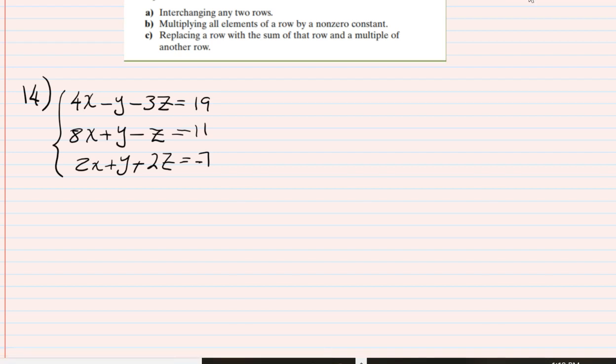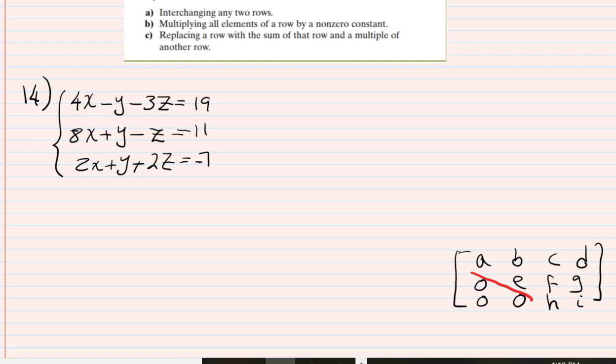Now, we want to solve this system by matrix method. In the case of a 3 by 3, by the way, this is what we would like to have in the end: A, B, C, D, 0 here, E, F, G, 0, 0, H, I, and there you go. That's what we would like to have. The key is to have this lower triangular formation of zeros. Okay, and that's what we're going to do.